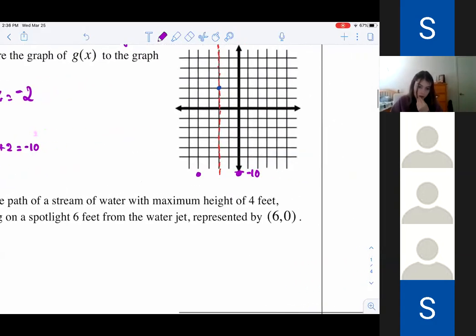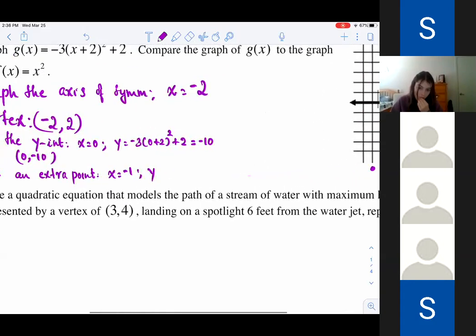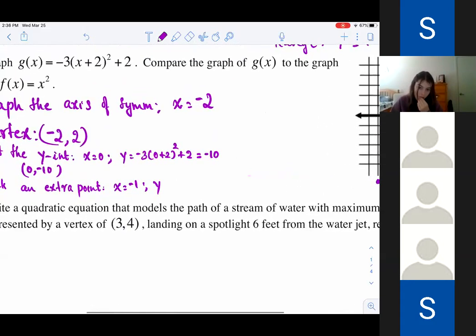Because I'm just curious to know what's happening here for the graph. So let's find out what happens when x is equal to -1. You just have to substitute it into the function, which is -3 times (-1) squared plus 2, which is -1.